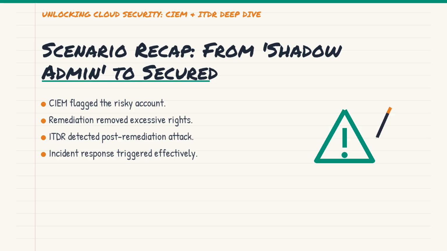ITDR might then detect an attempt to use SVC_reporting_01 to access a sensitive resource, even after the SIEM remediation. Because ITDR is watching logs, it flags this anomalous activity, perhaps an attempt to use it from a new IP address. Now, the security team has a complete picture. SIEM identified the risk, and ITDR caught the attempted exploit, allowing for swift incident response.